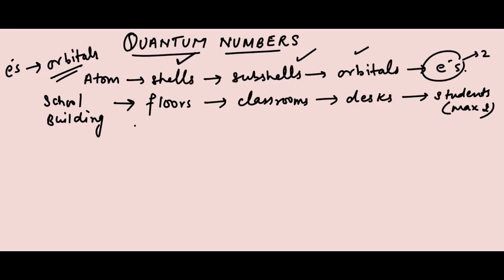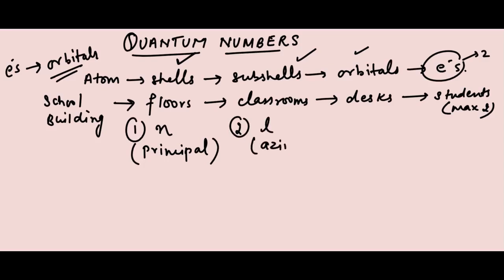Always remember, the first quantum number is n. N is called the principal quantum number. This quantum number represents the shells. The second quantum number is l. l is the azimuthal quantum number.